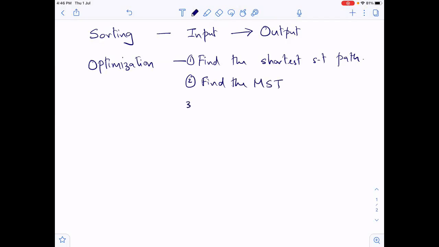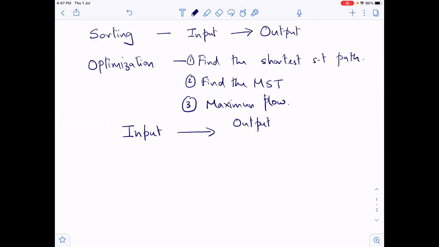Or we had things like maximize the flow. And so on. So they are all optimization problems in the sense that you are given an input and you have to output something.